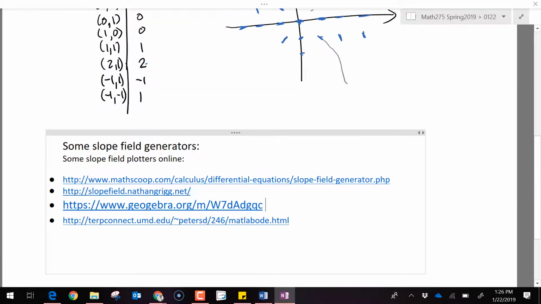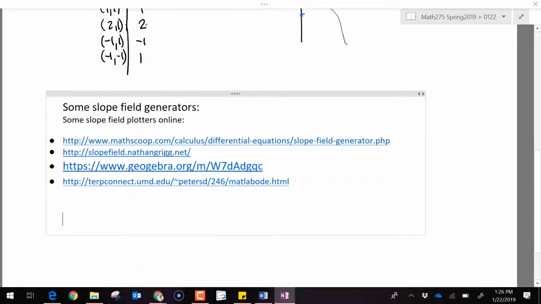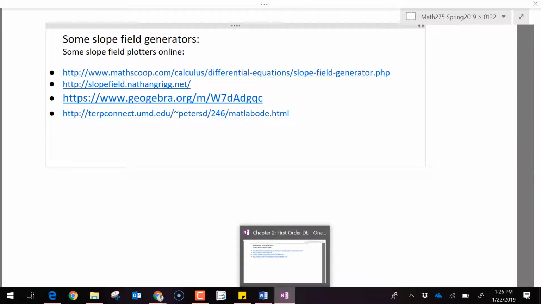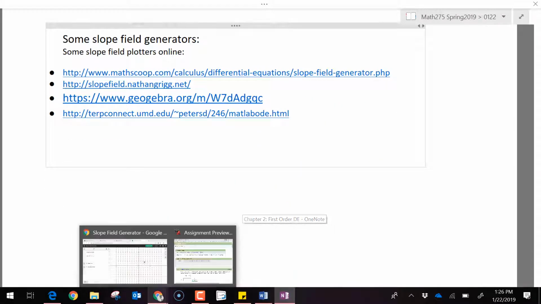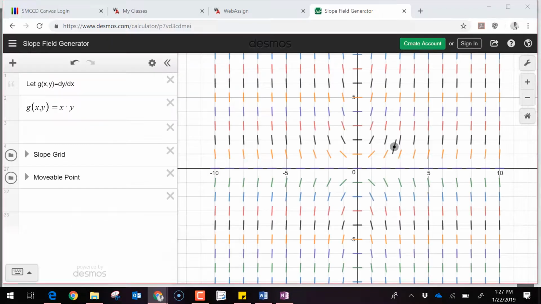What happened? There. All right, so if we take a look at that particular example that we have, this is how the slope field should really look.